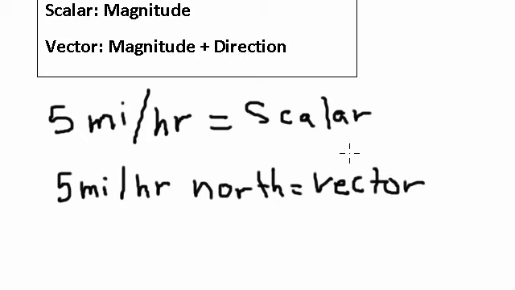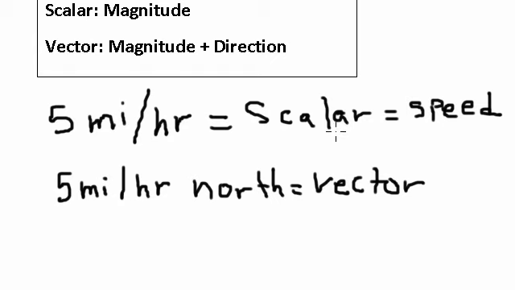In real life, a lot of people use the word speed and the word velocity and interchange them because they think it's the same thing, but in physics, speed and velocity are actually two different things. You see, 5 miles per hour is an example of what we call in physics the speed of an object. Speed is a scalar.